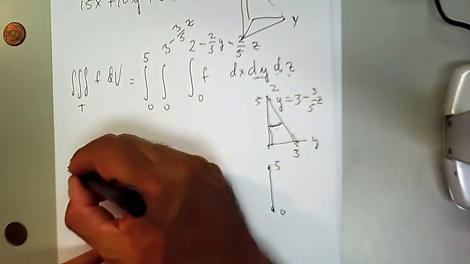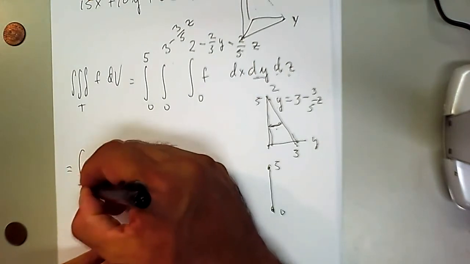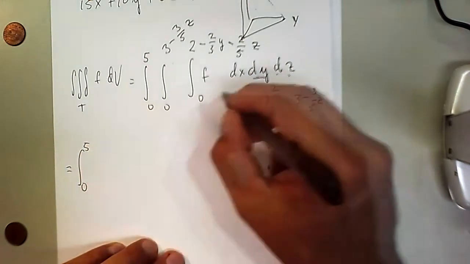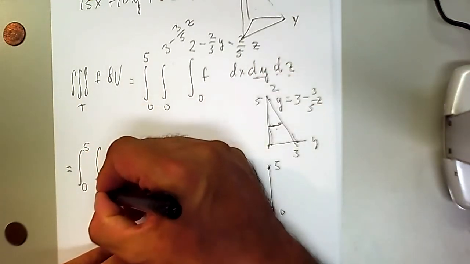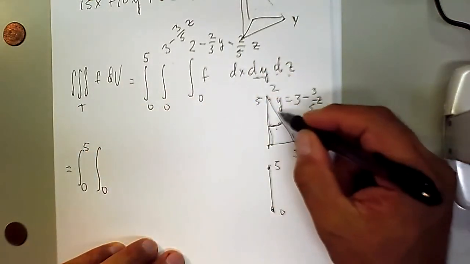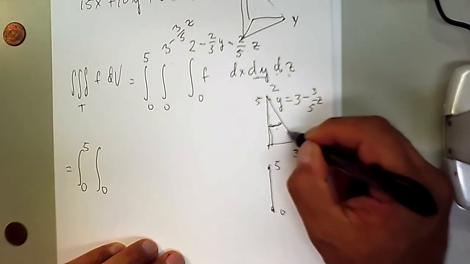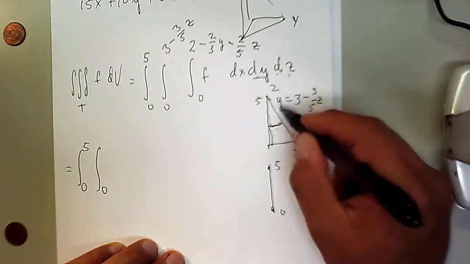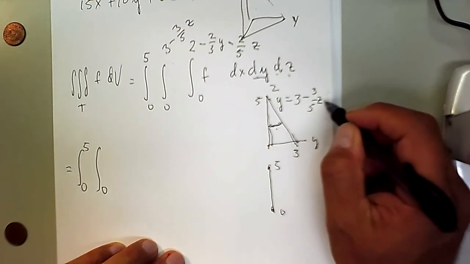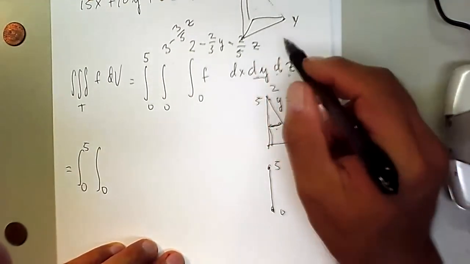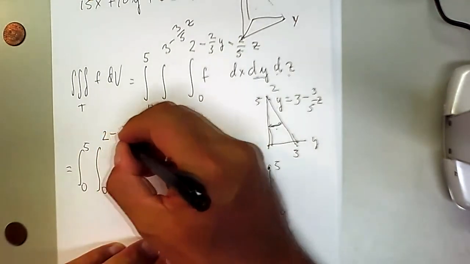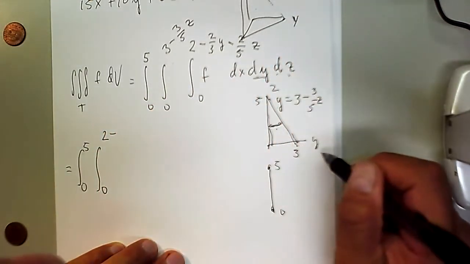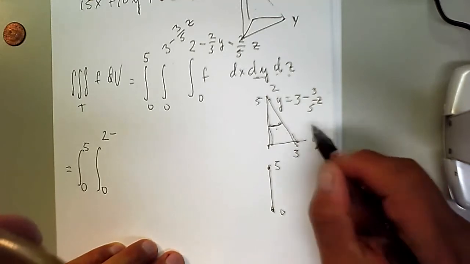So let's do from 0 to 5. And now we're going to do dy dx, because this picture is going to be the same, except that we're going to solve this equation for x. So the most x can go is 2 minus... wait a minute.